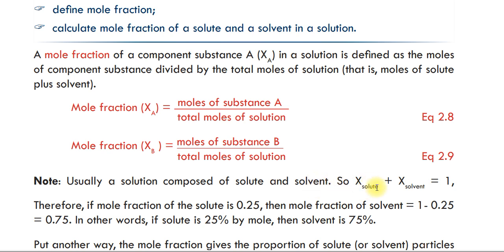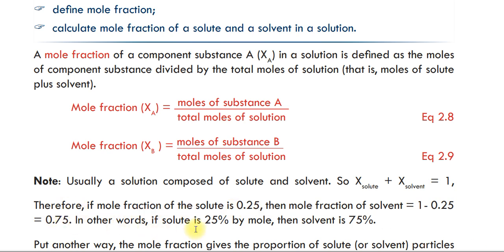So x solute plus x solvent which is equal to 1 መምጣት መቻል አለበት። ኦኬ ሞል ፍራክሽን ኦፍ x solute plus ሞል ፍራክሽን ኦፍ x solvent that is 1 መሆን መቻል አለበት። Therefore if mole fraction of a solute is 0.5 then the mole fraction of the solvent which is 1 minus 0.5 that is 0.75.